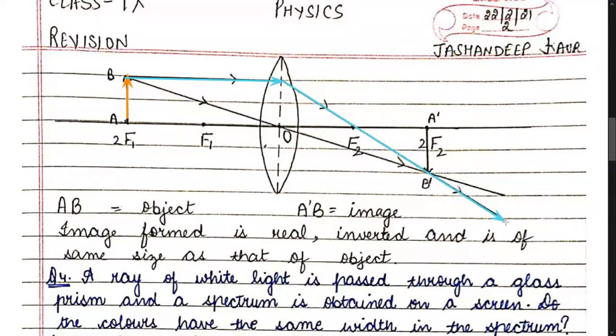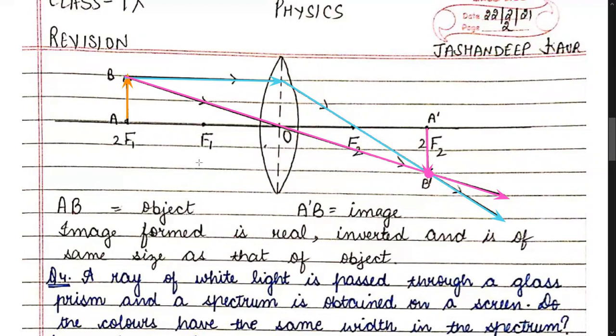It passes through the second focus. And then the other ray: a ray passing through the optical center will move undeviated. And the point where the two refracted rays intersect is the point where you form the image.